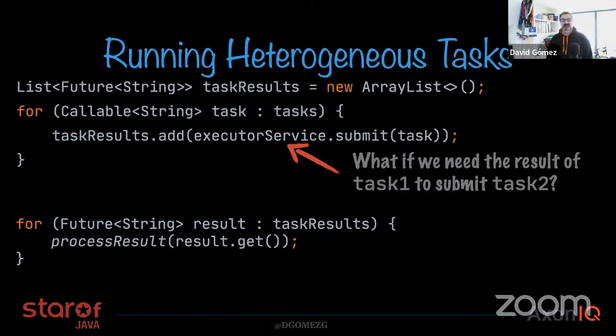But if we already know how those tasks are chained, it would be nice to have a way to specify, when submitting, that I need task 1 to be executed and its result is what you need to provide as input for task 2. We want all these tasks to be submitted at once and let something take care of chaining those results and providing the input for task 2.